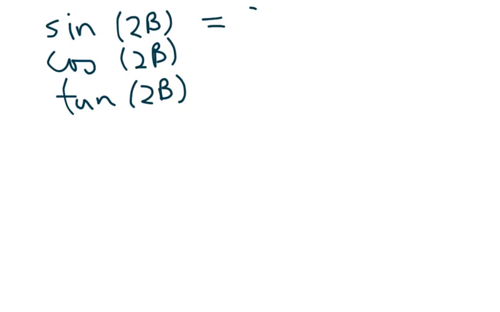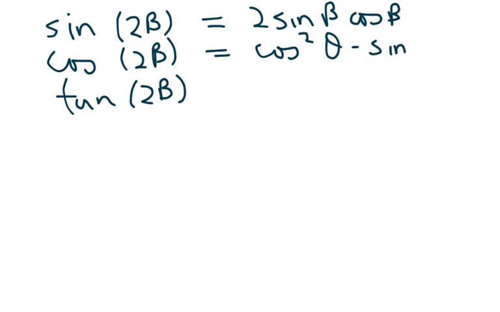Sine of 2 beta equals 2 sine of beta, cosine of beta. Cosine of 2 beta, I'm going to use cosine squared of theta minus sine squared of theta. And for tan of 2 beta, I'm just going to divide these two.